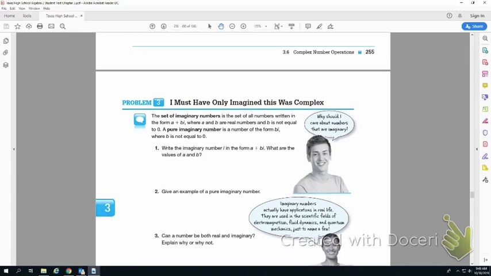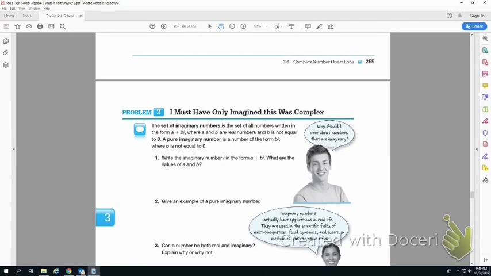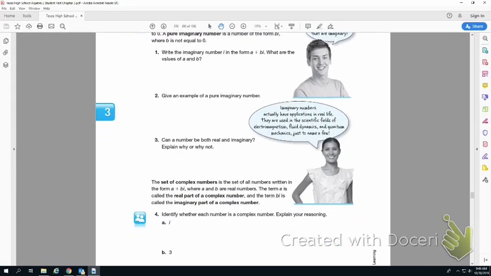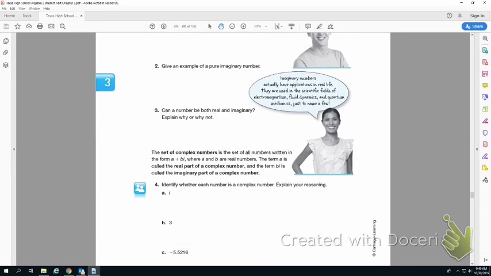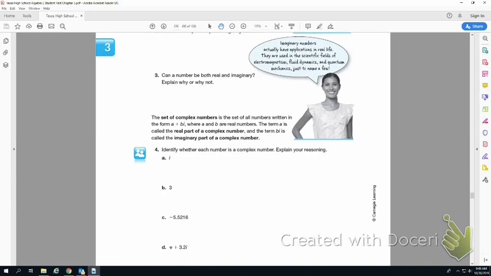A pure imaginary number is just that form of BI. It's got I on it. A complex is A plus BI. You can write it down.